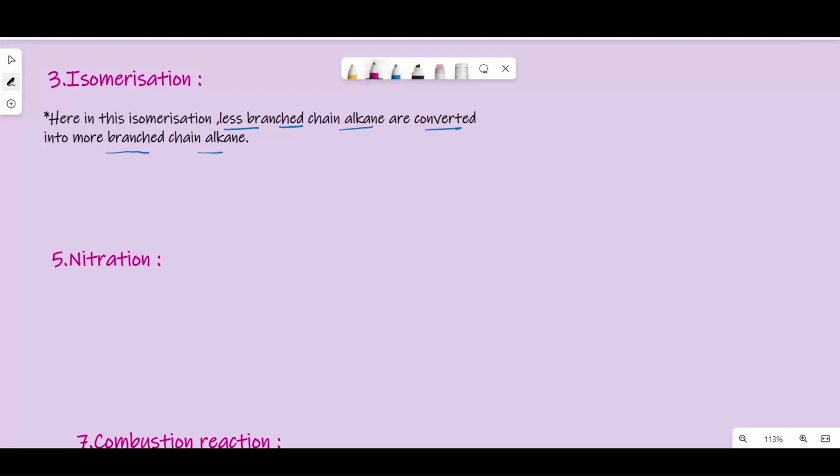Let's see one example. We are taking n-butane, CH3 CH2 CH2 CH3. Here the reagent is important, that is AlCl3 and HCl and heat.